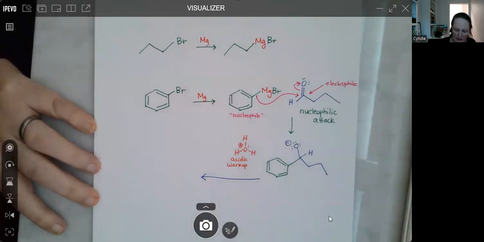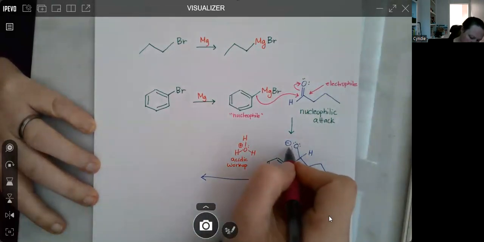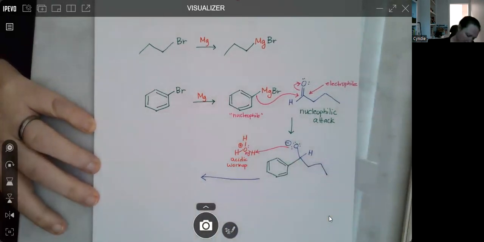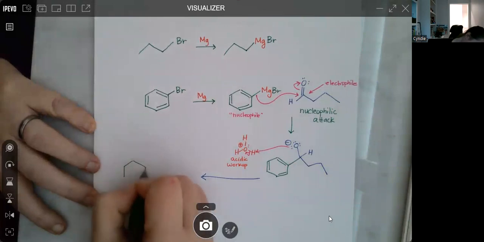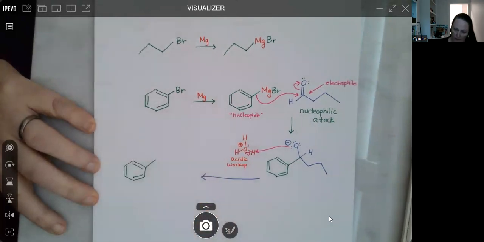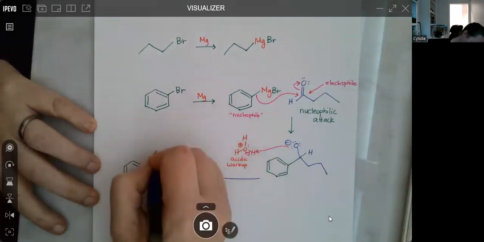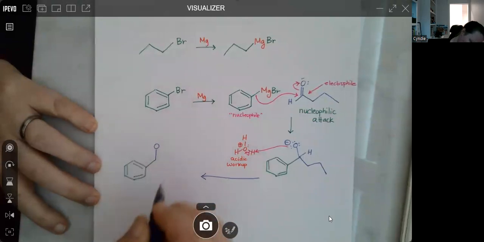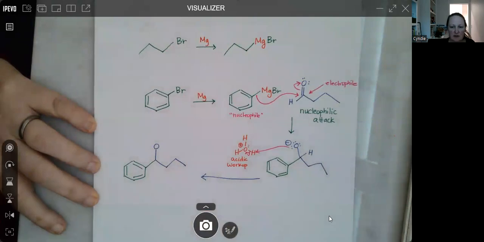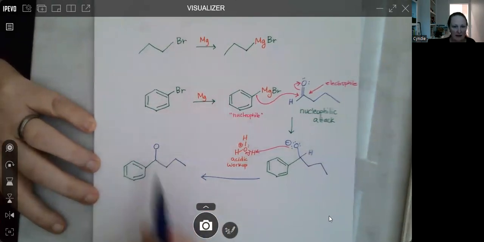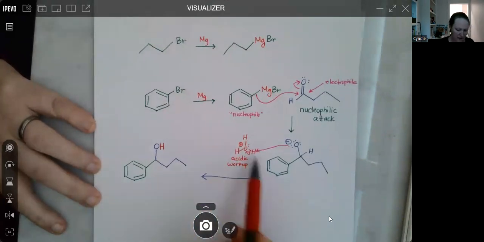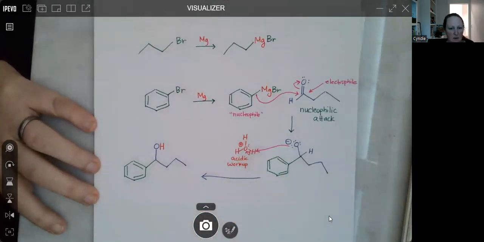And we want to show some arrows here to show proton transfer. If I want, I can stop drawing in this hydrogen just because we don't draw it in line structures. That hydrogen came from the acid workup.